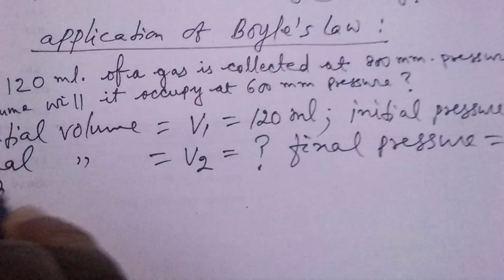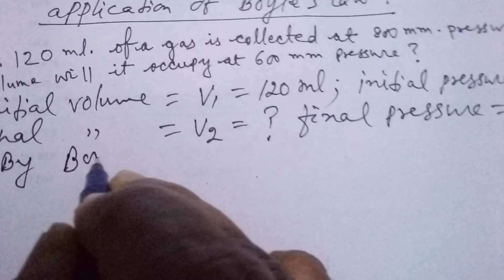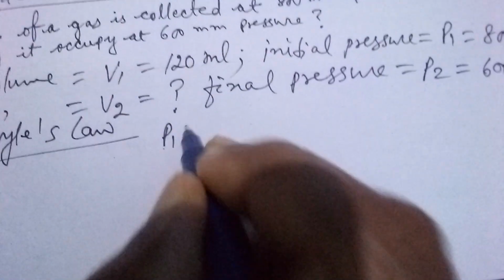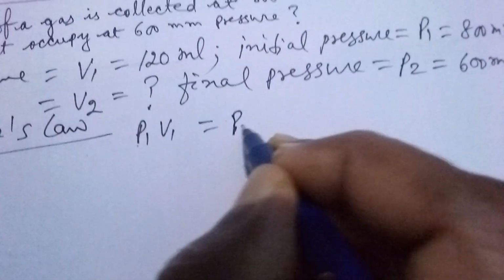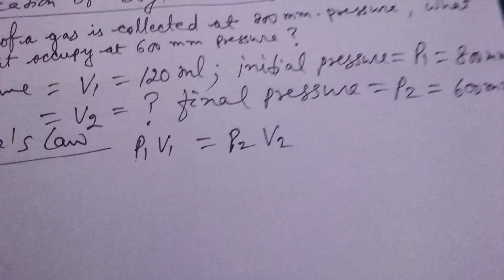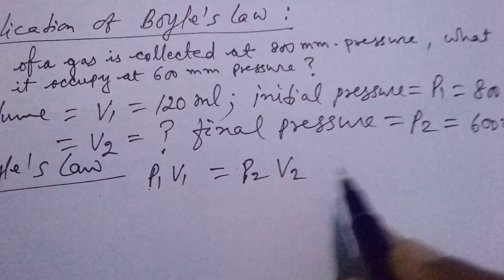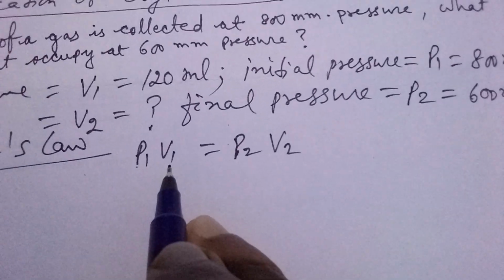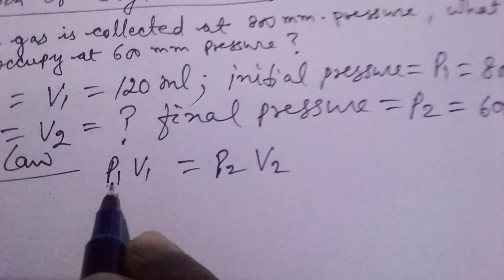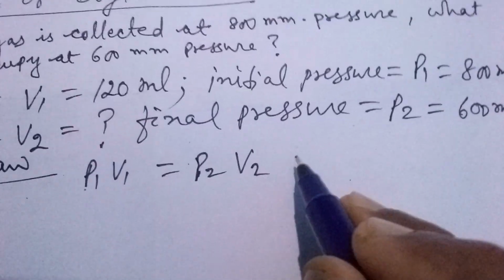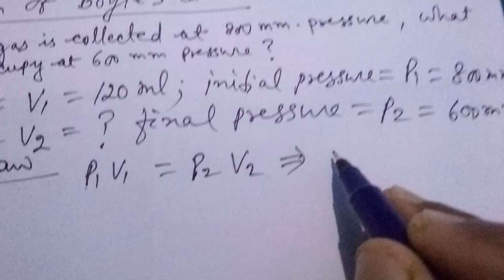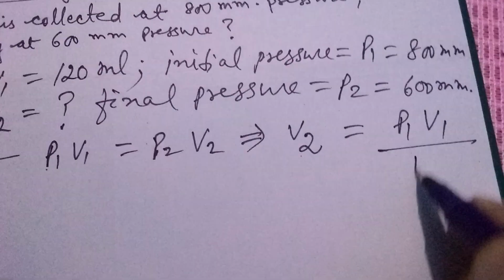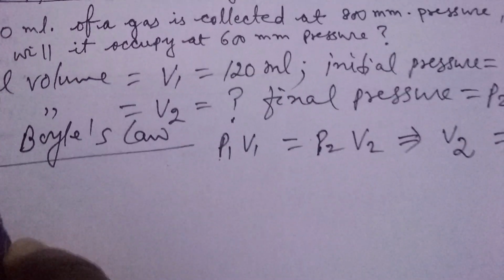Now by Boyle's law, what do we know? That P1 V1 equals P2 V2. Yes, because product of these two physical quantities, pressure and volume, is always constant according to Robert Boyle. And that's why we will write P1 V1 equals P2 V2, and now we have to find out V2, so V2 equals P1 V1 by P2.